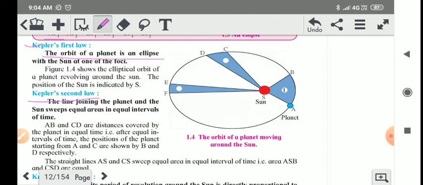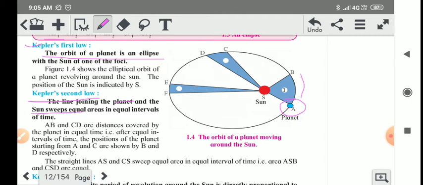See, this is the statement of the second law: the line joining the planet and the sun sweeps equal areas. Suppose initially the planet is at position A and in a certain time interval the position of the planet changes from A to B.